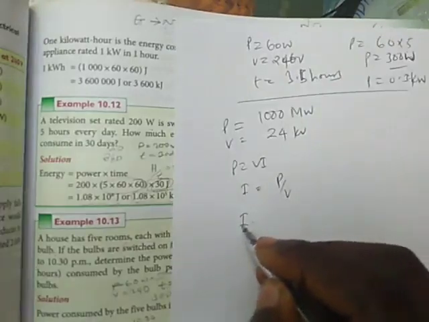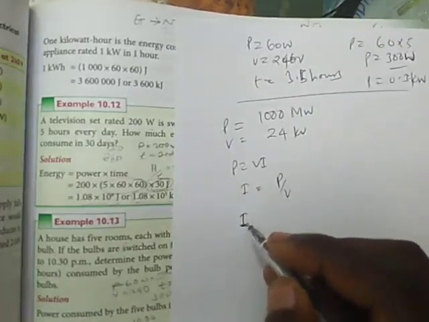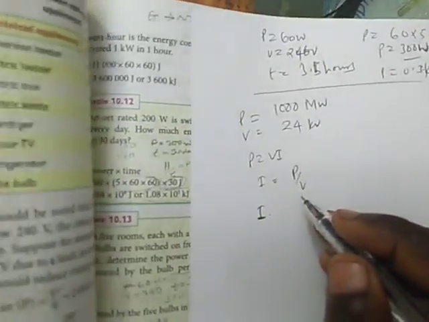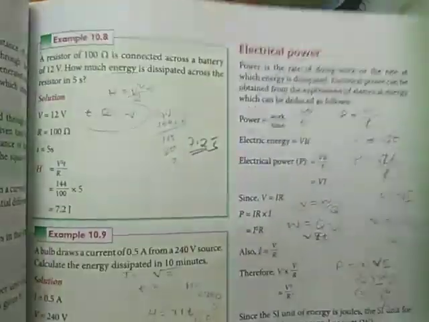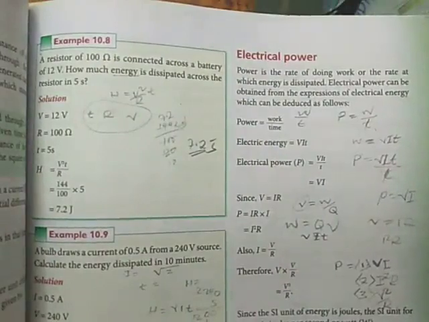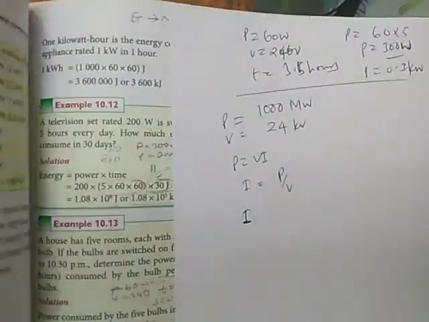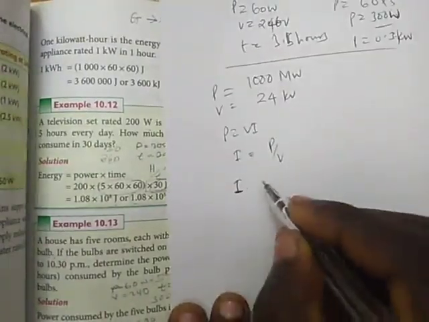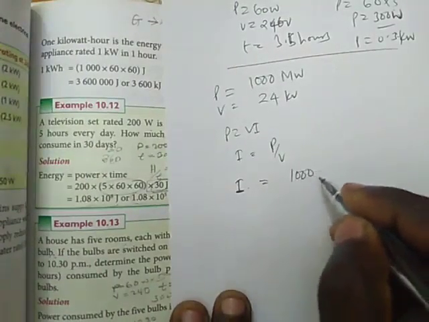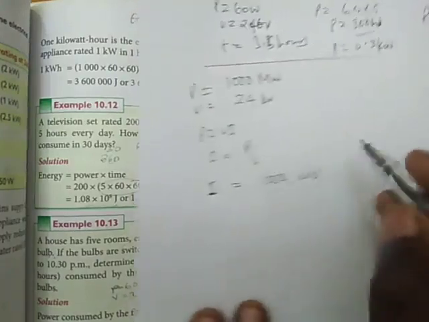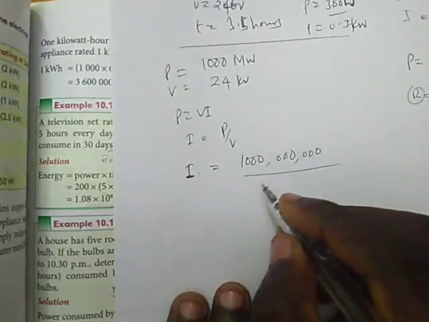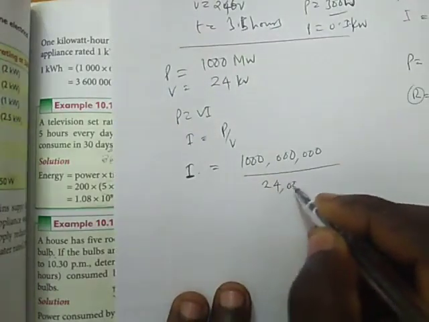I is equal to mega. Mega ni exponent 6. Mega is 1 million. So I will be equal to 1000 then 1 million, 000 000, gawanya kwa 24 kilovolt, 24 000.